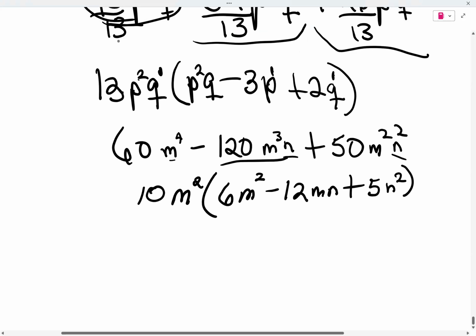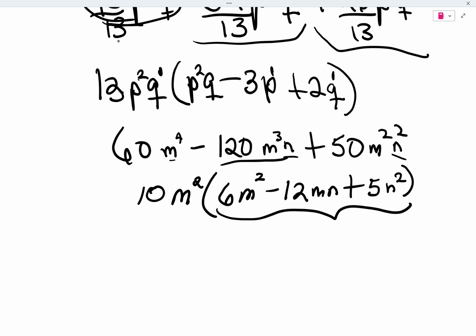So yeah, you always want to finish it as best you can. Can I factor that is my question. Is it possible I could factor all of this? Think about it. Maybe you can, maybe you can't.